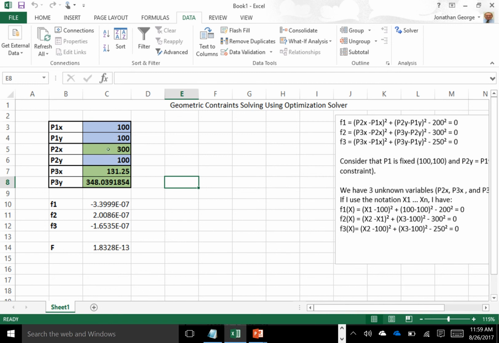Now, an interesting point here, I said earlier that there is at least one more position. I think there's actually 2 more positions that are possible to solve this system of equations. Let's go ahead and make something like negative 150, negative 150, negative 150. Let's go ahead and solve this again.